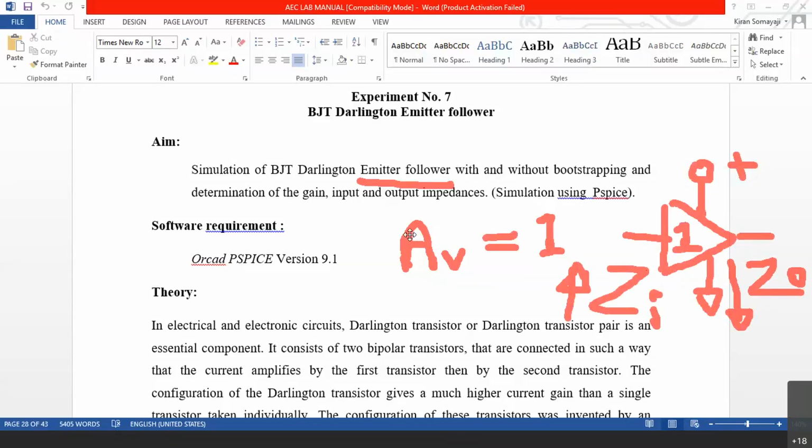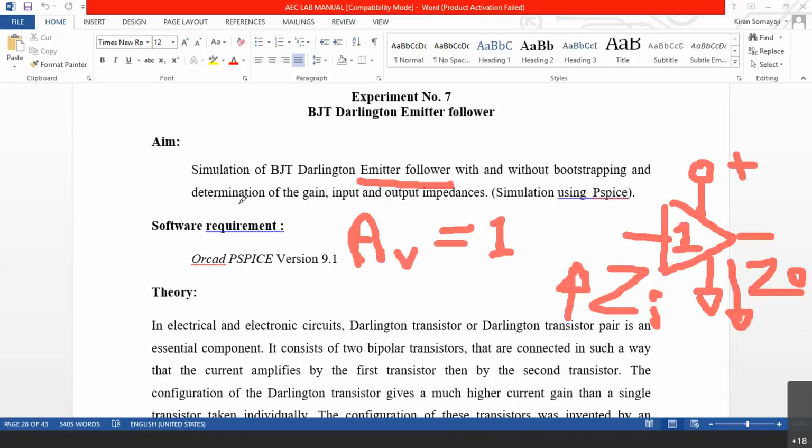So we can always use this emitter follower as a current gain amplifier, or as a buffer in the analog domain. In the digital domain, buffer means the voltage will be reconstructed again. But in the analog domain, buffer means the voltage will remain the same, but current gain will be there. So that is the use of the emitter follower.